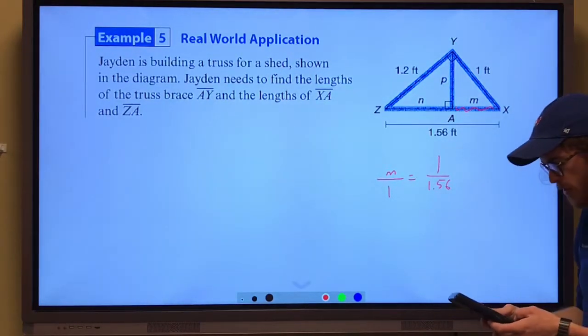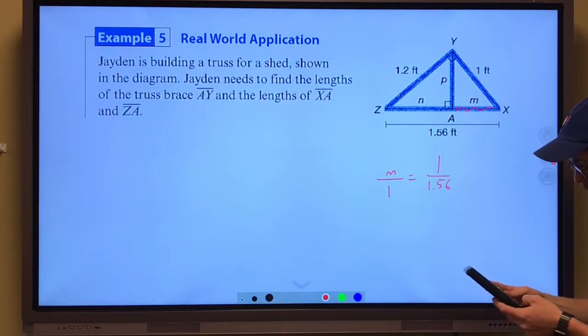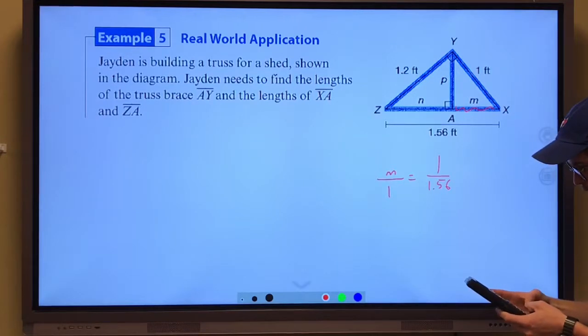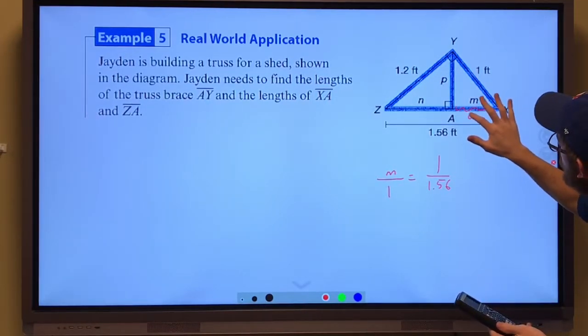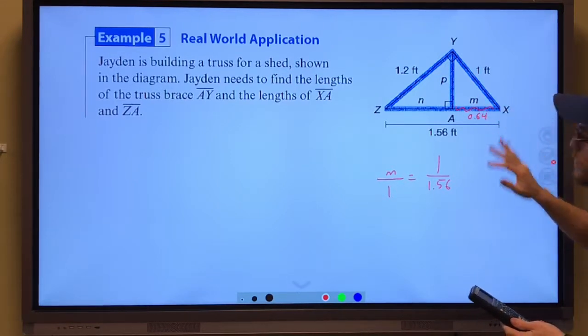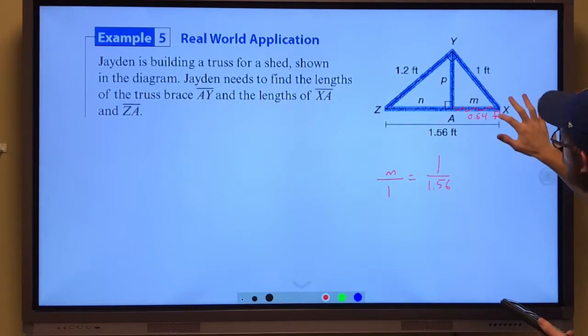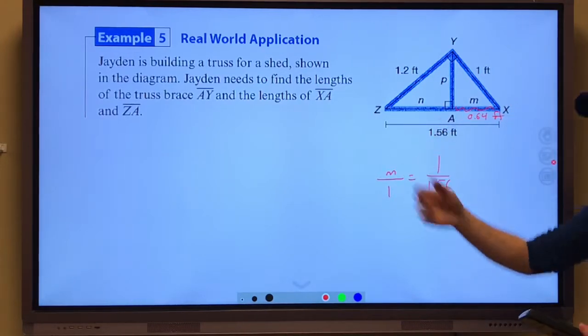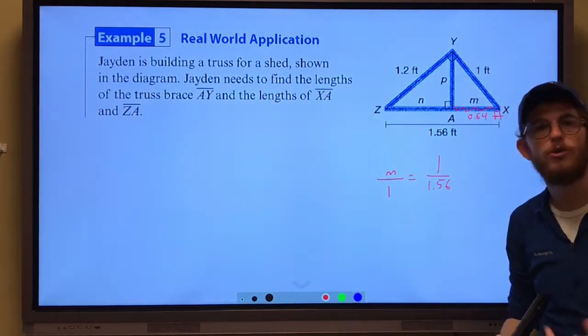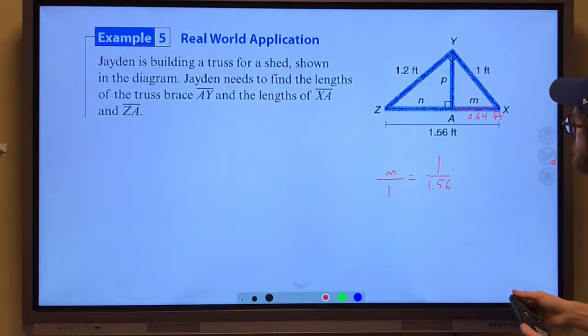So I work through this. And that comes out to be 0.64. That's 64 hundredths of a foot. Since they didn't say, my go-to is around the 2 decimal places there.